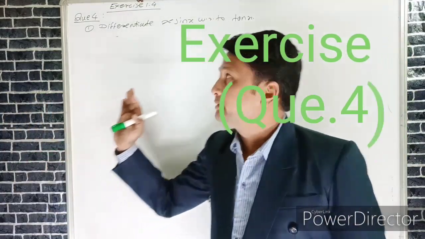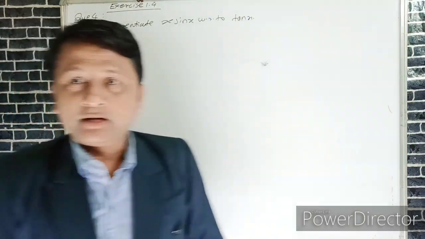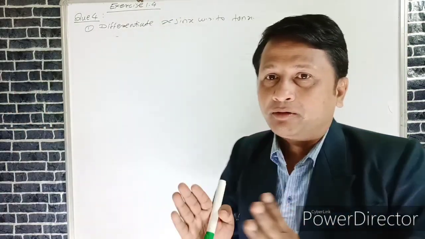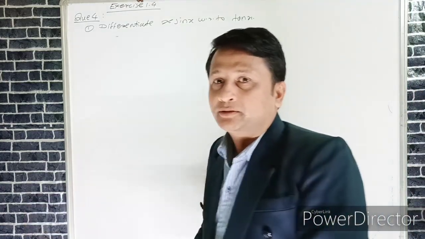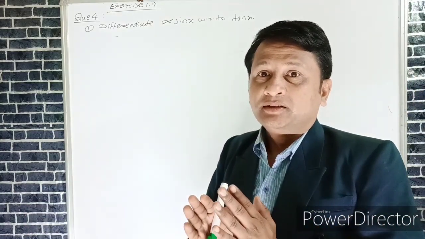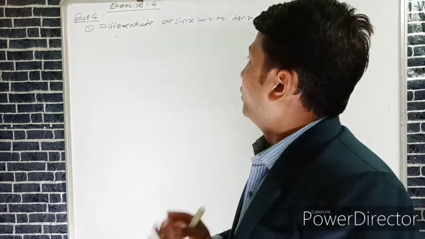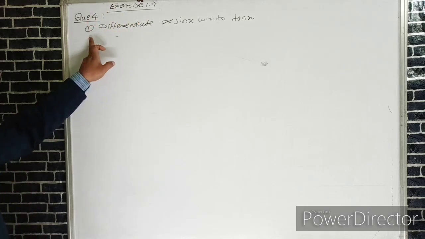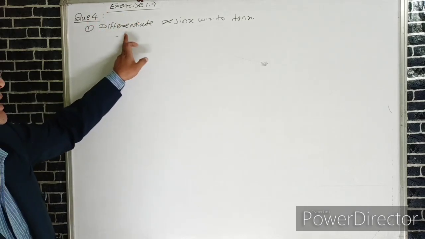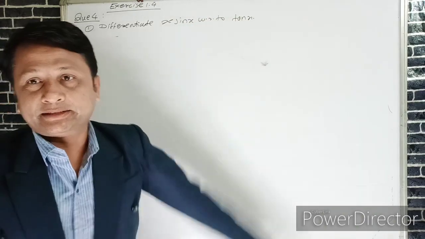The next exercise, exercise number 1.4, is related to the derivative of a parametric function, one function with respect to another function. First we take question number 4 in exercise number 1.4: differentiate x sin x with respect to tan x.